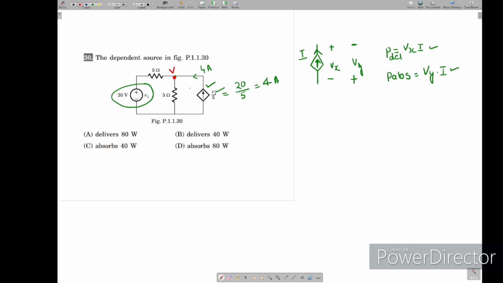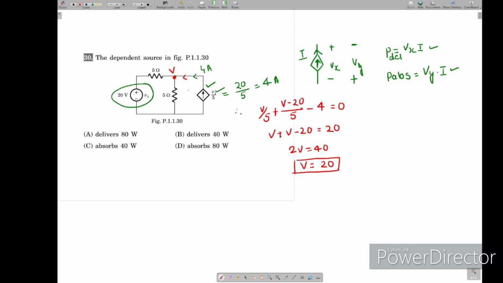Now I will apply KCL at that node. So I will get V by 5 plus V minus 20 by 5, this current is entering, so that's why I put minus, equal to 0. LCM is 5, so V plus V minus 20 equal to 20. So 2V equal to 40, V equal to 20.